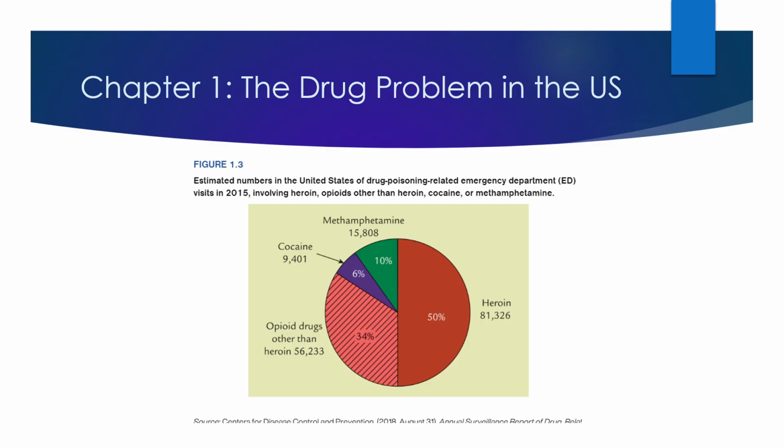And you can see here, and the data is a little bit dated, 2015, but what I was interested in from this graph is to stress that there are problems, drug poisonings, with drugs other than those synthetic opioids like fentanyl that we talked about before. In the pink section of the pie chart with lines, you can see opioid drugs other than heroin.